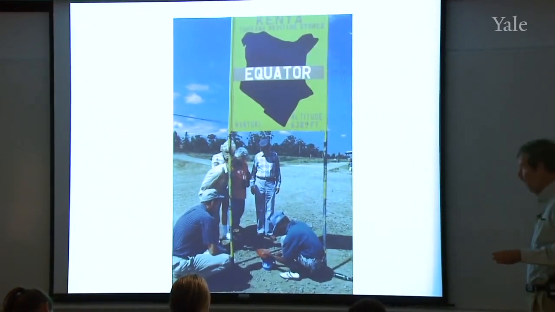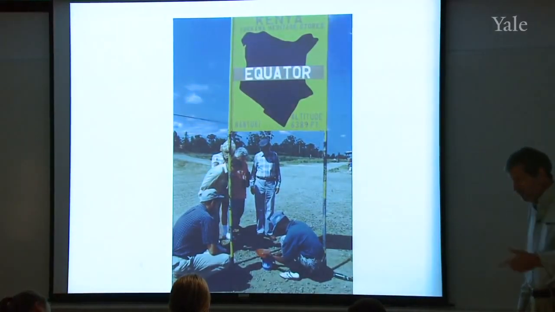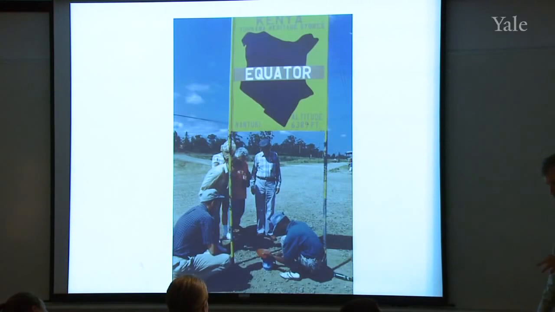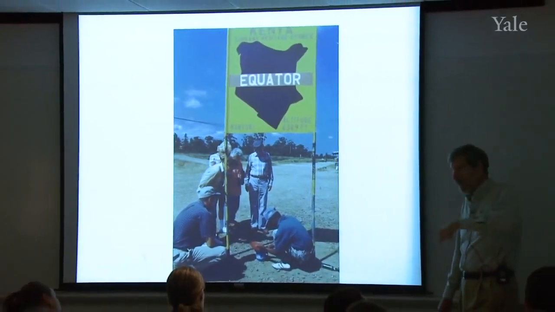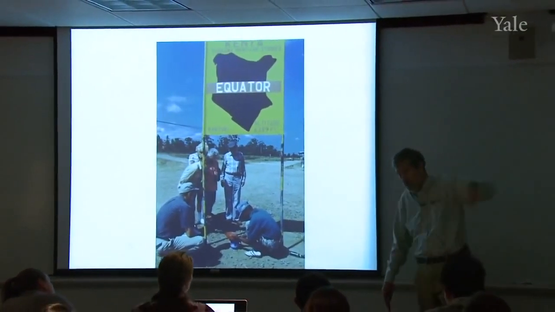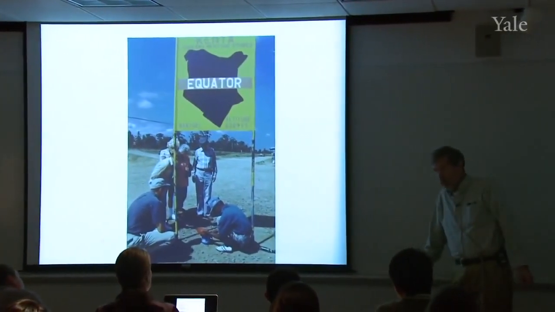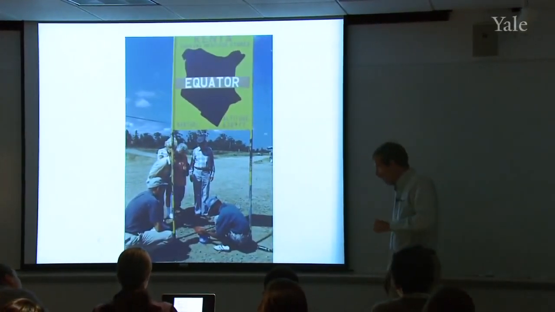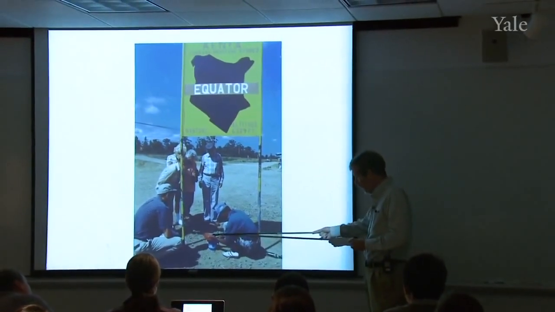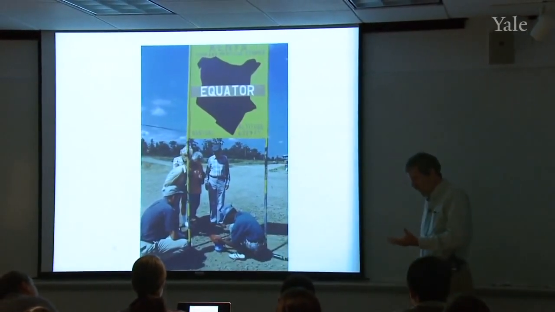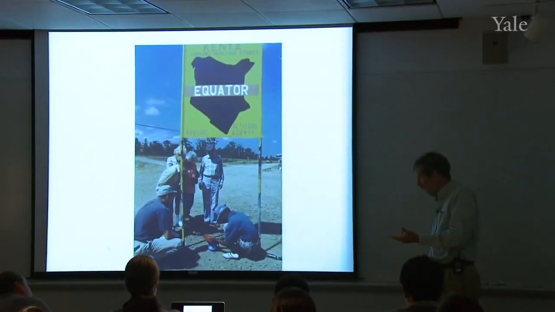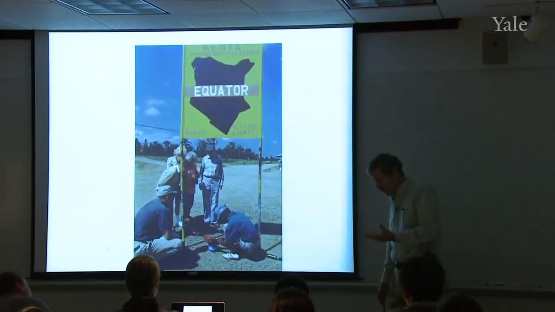We stopped at one of them, and the owner came running out, and before he allowed us to go in the store, he wanted to prove to us that his store was the one that was really right on the equator, and all those others we could see up and down the road were fake. So he did a little experiment for us. You can see that he's got a little red plastic dish with a hole in the bottom and then a blue bucket beneath that.